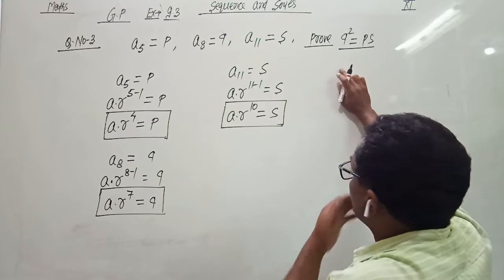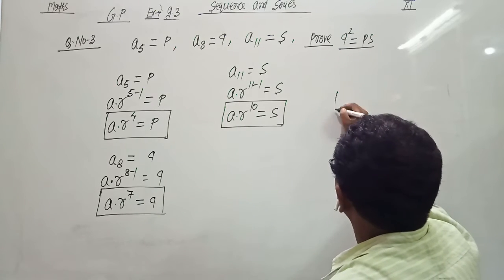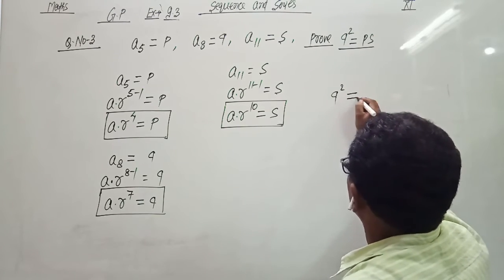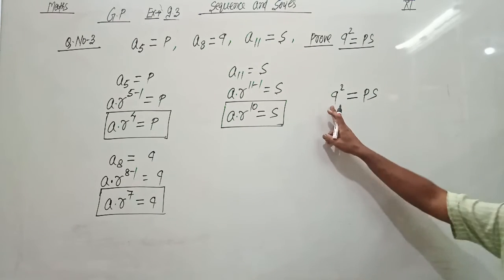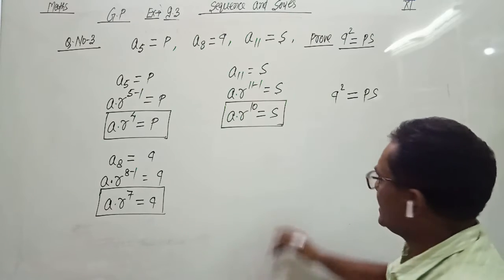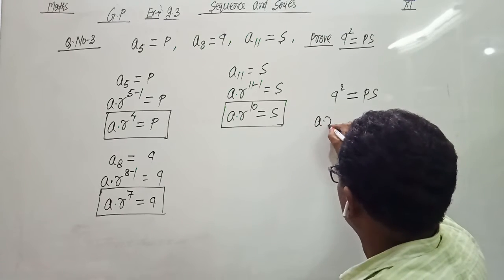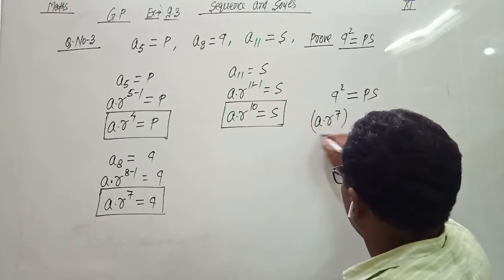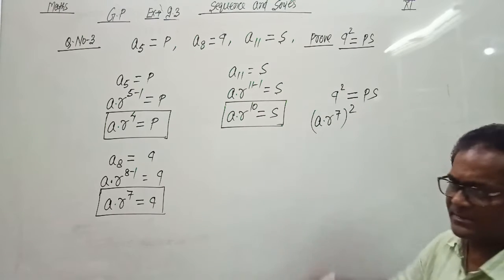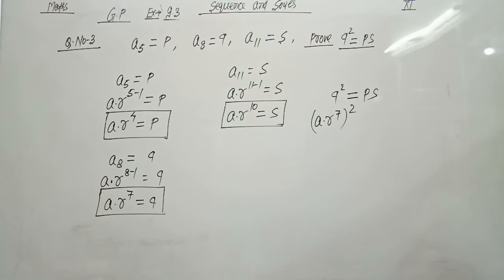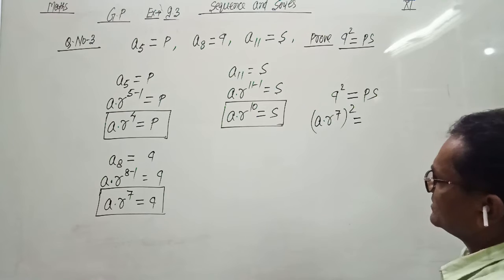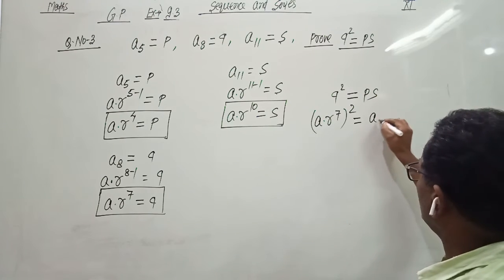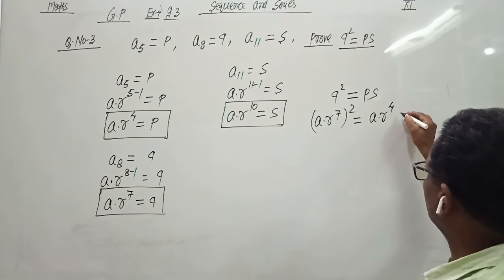And we have to prove that Q square must equal P into S. So put the value of Q. Q is A into R raised to the power 7, so A into R raised to the power 7 the whole square, because it is Q square. Put the value of P: A into R raised to the power 4.